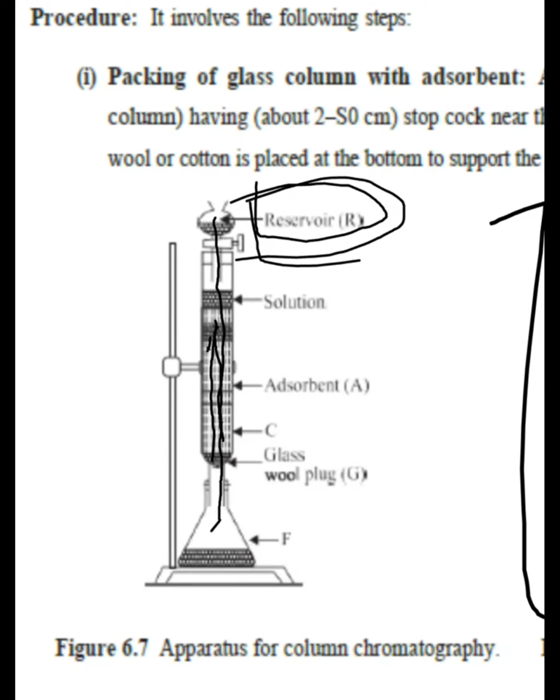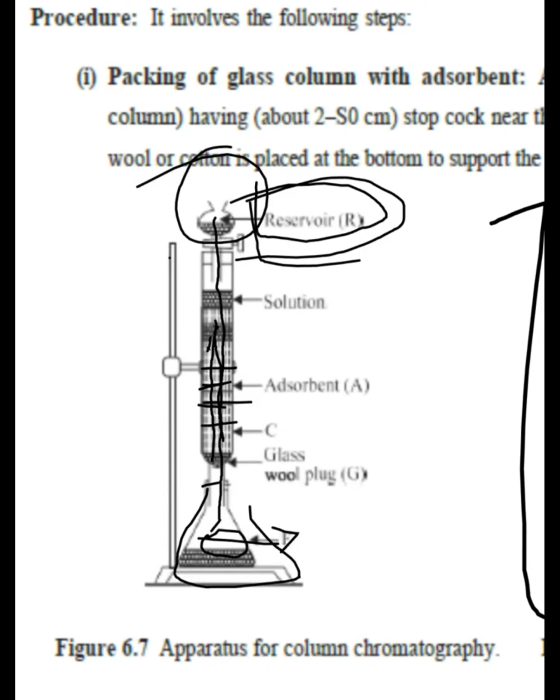Through the glass wool we collect the eluate in different flasks, so that different bands are observed for the different ratios of solvent passing through the column. This is the eluate of the sample with the given solvent.